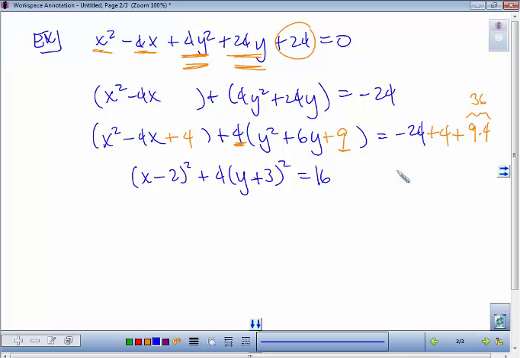It almost looks like the ellipse, except we want to divide out by 16 to get a 1 on the right-hand side. So if we divide by 16, you get (x minus 2) squared divided by 16. Let's call it 4 squared so that we can easily identify the major or minor axis. Then (y plus 3) squared.